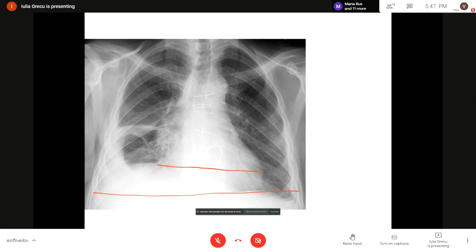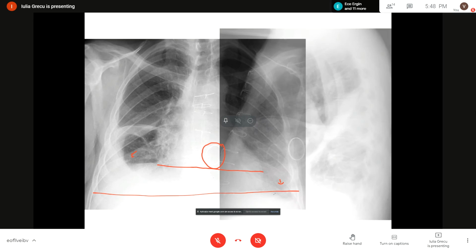So the heart is enlarged here. We cannot know for sure from this frontal view and this chest x-ray if there is an associated pleural effusion. I think that the heart is enlarged because of the valvular disease of the patient and the long-standing cardiac condition, which also led to the pleural effusion, because you know by now that pleural effusion is associated with heart failure.